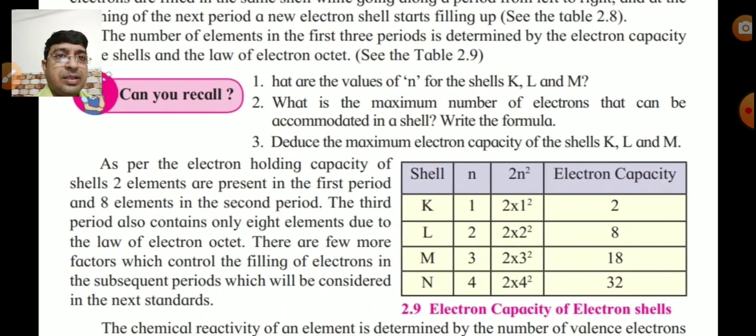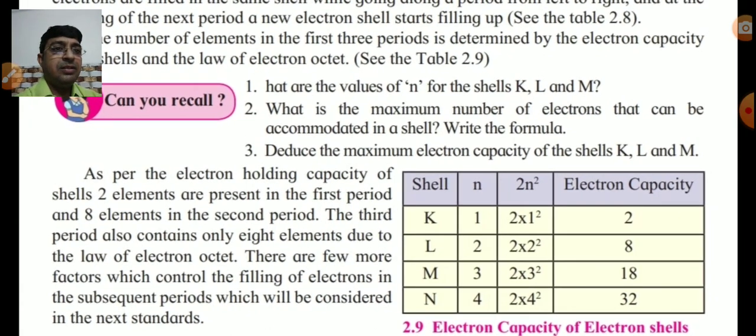Can you recall? First question. What are the values of n for the shells K, L and M? See the second column. n means nothing but the shell number. So the K shell is the first shell, L is the second shell and M is the third shell.